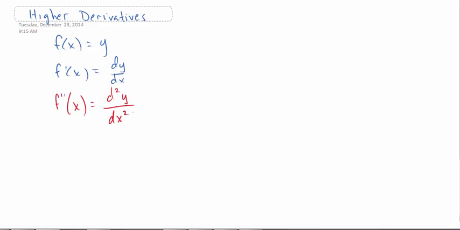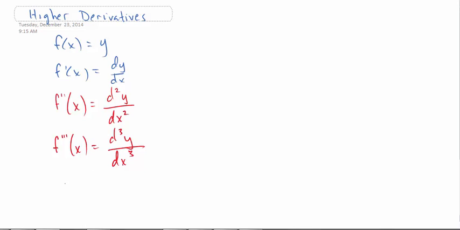And that's, again, going to be a function, so we could go a step further and take the derivative of that again. f triple prime of x equals d cubed y over dx cubed.